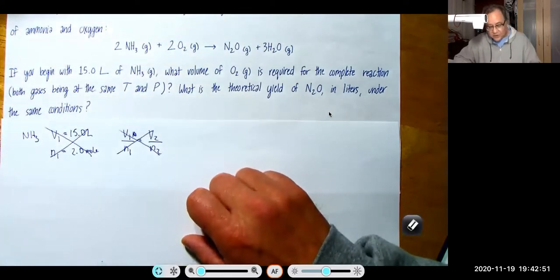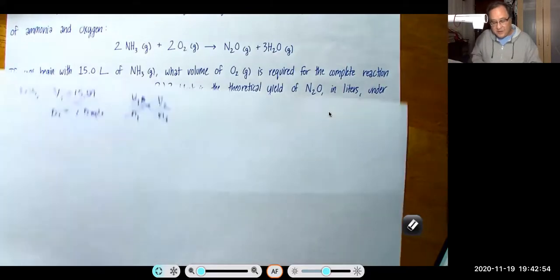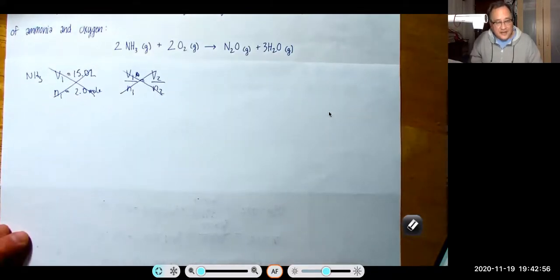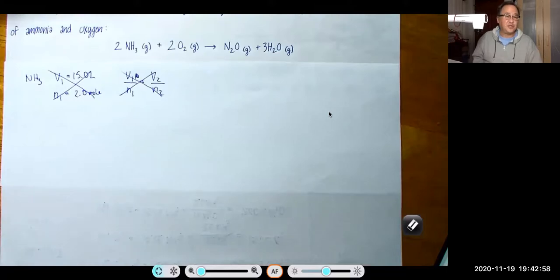So what is your lesson here about these coefficients? Those coefficients could be pressures. Those coefficients could be volumes. Those coefficients are definitely moles.